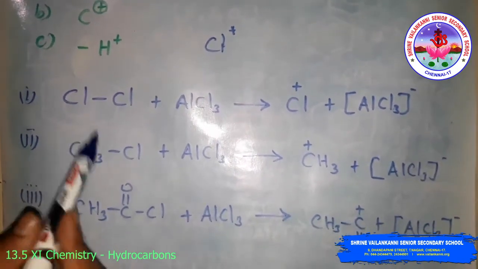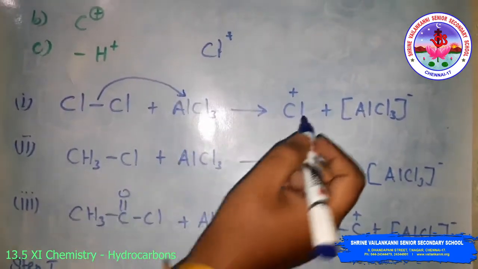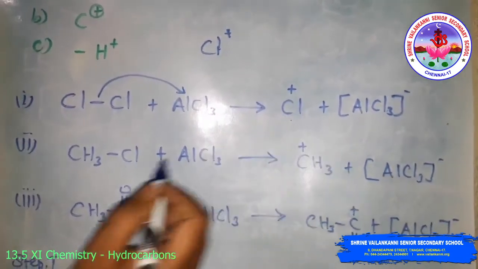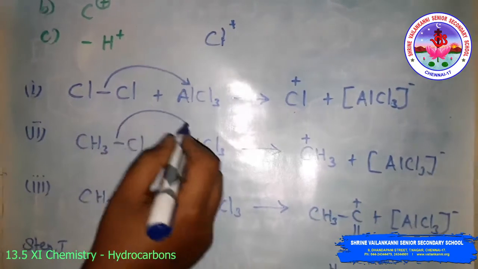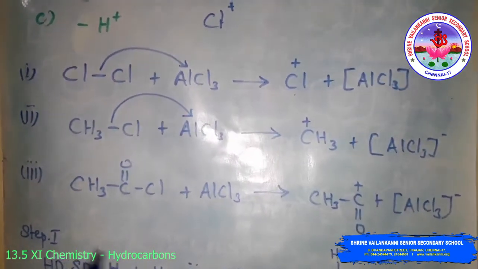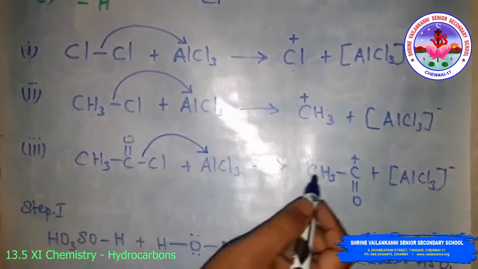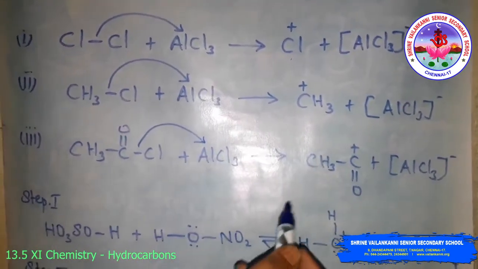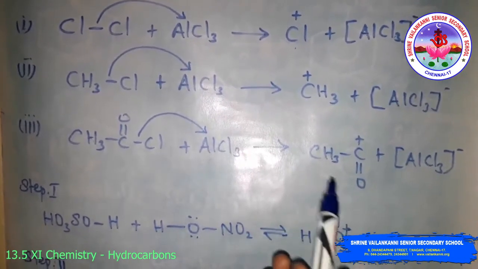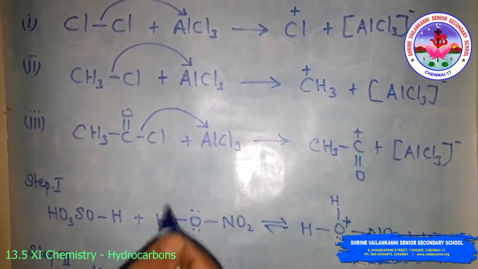See, the Cl bond is created with the attacking reagent to form a chloronium ion. Then when it reacts with methyl chloride, it forms a methyl cation; with acetyl chloride, another one is formed, CH3C=O, the carbonyl cation. The methyl carbonyl cation is formed.